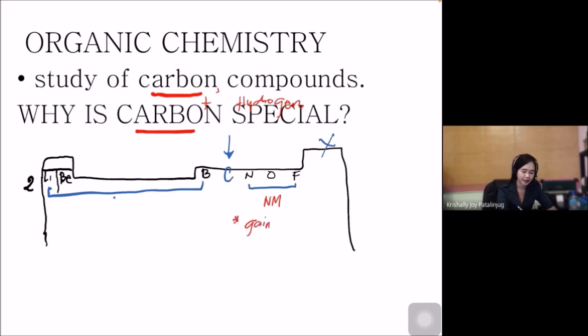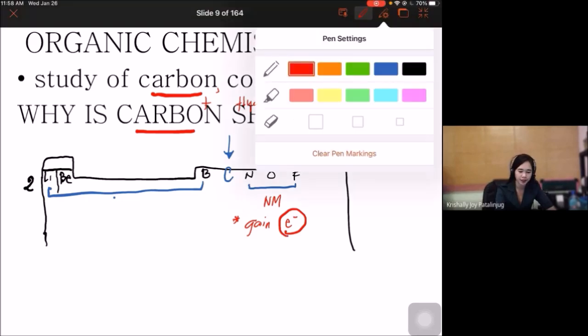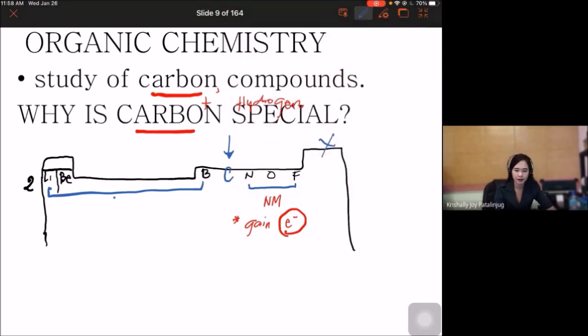Very good, they gain electrons. Electrons are negative particles. When they gain electrons, what is their ion form, cation or anion?